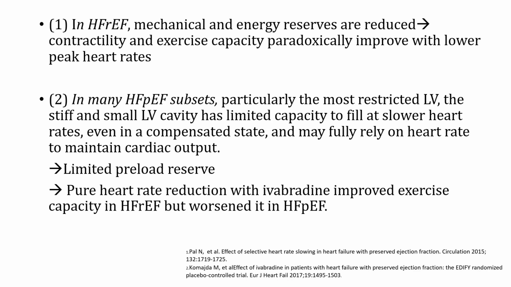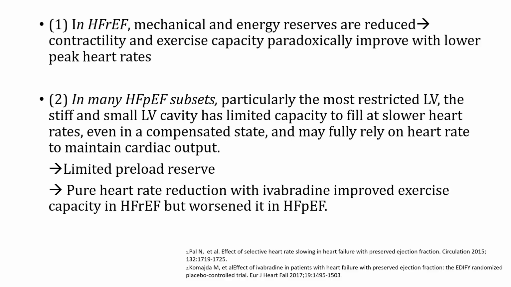Here is the explanation. In heart failure with reduced EF, mechanical and energy reserves are reduced. Therefore, contractility and exercise capacity paradoxically improve with lower peak heart rates. Conversely, in many heart failure with preserved EF subsets, particularly the most restricted ventricles, the stiff and small LV cavity has limited capacity to fill at slower heart rates, even in a compensated state, and may fully rely on heart rate to maintain cardiac output.